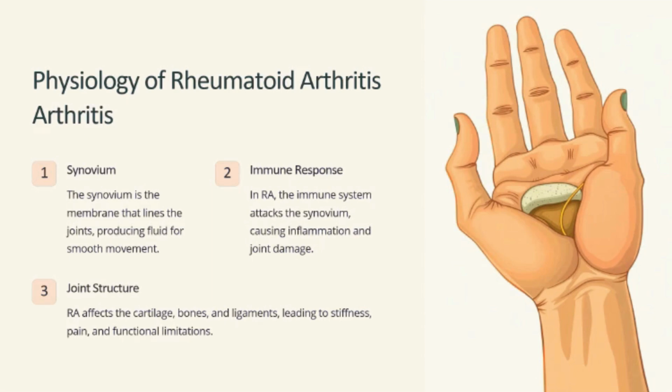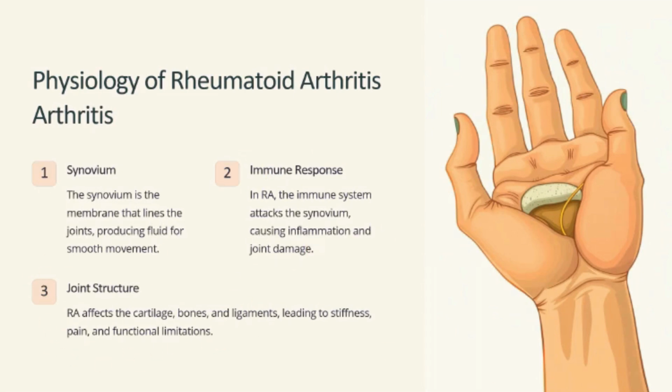Over time, this immune response leads to inflammation of the joints, which causes the symptoms of rheumatoid arthritis. So we just talked about the synovium, where it is situated, the immune response we saw, and how it affects the joint structure.